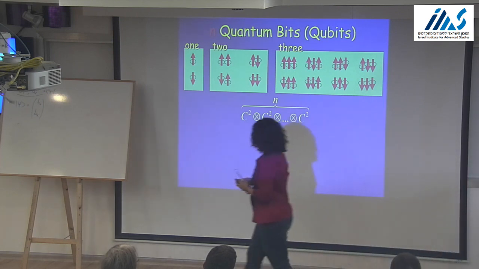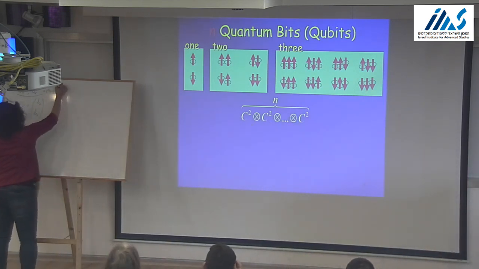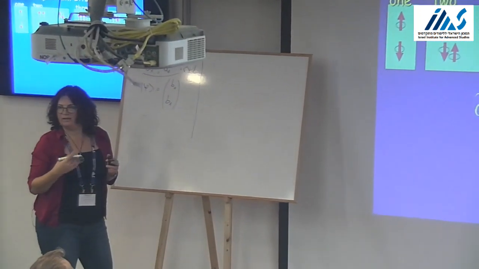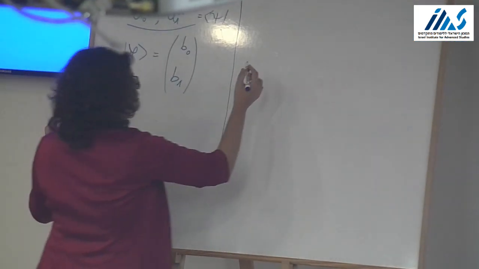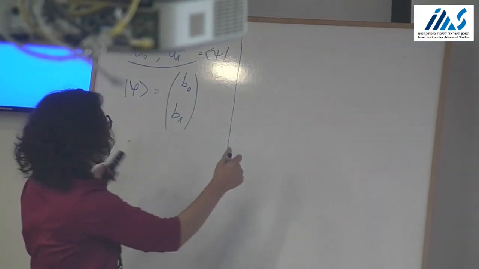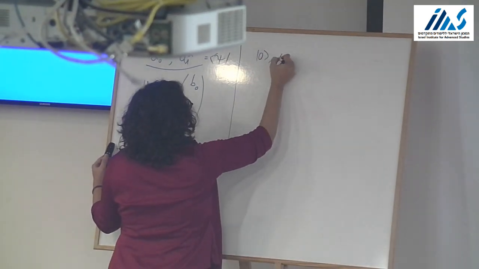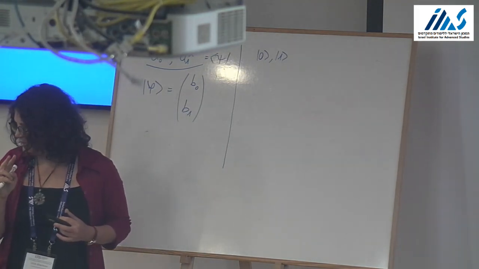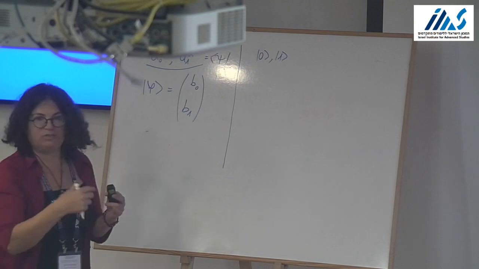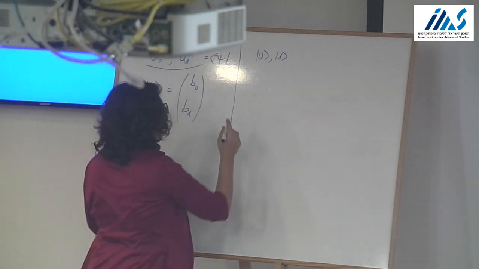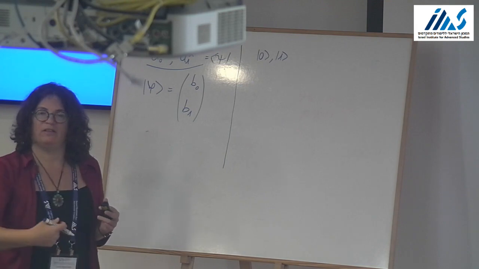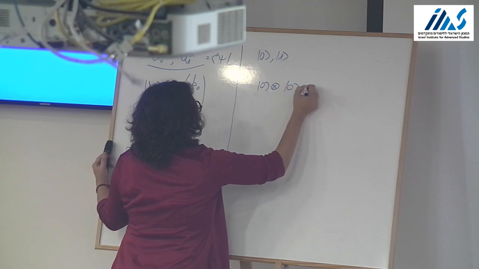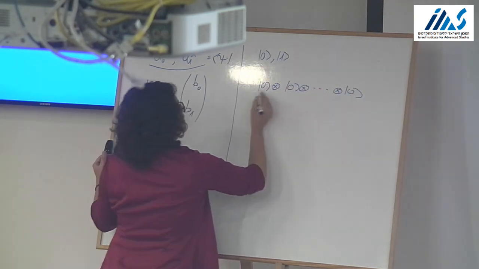So what does this space mean? Well, the space is essentially simply the space spanned by the following 2 to the n states. For each qubit, we take an orthonormal basis 0 and 1. To build the tensor product space, we take the tensor product of all possible configurations. So we take 0 tensor 0 tensor up to 0, n times.